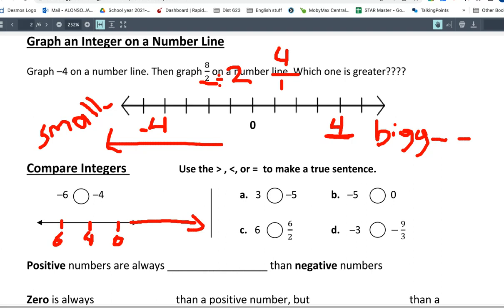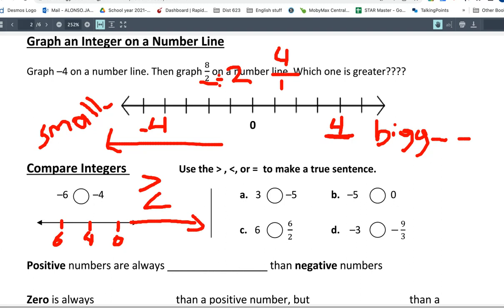Which one is closer to the origin of the line, meaning 0? The -4. So that means that -4 is bigger than -6. So once again, whenever you write this, that means greater than, and that means less than. Greater than, less than.